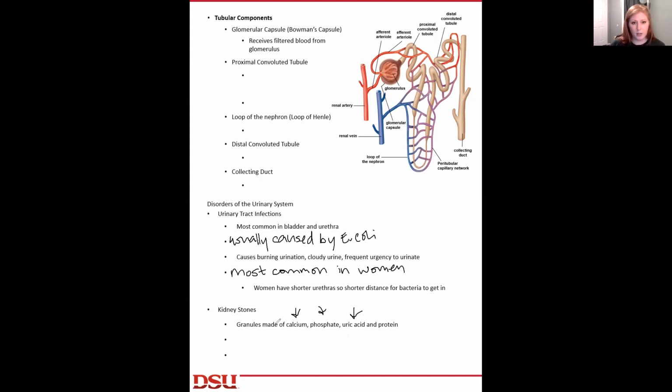And if they're large enough, they will block the flow of urine. And then if they move out into the ureter, they can block the ureter. Usually it's when kidney stones get into the ureter, although they cause tons of pain in the kidney too. Normally when they're moving, and if they're too big to move without causing some obstruction, that's where you get the pain from.